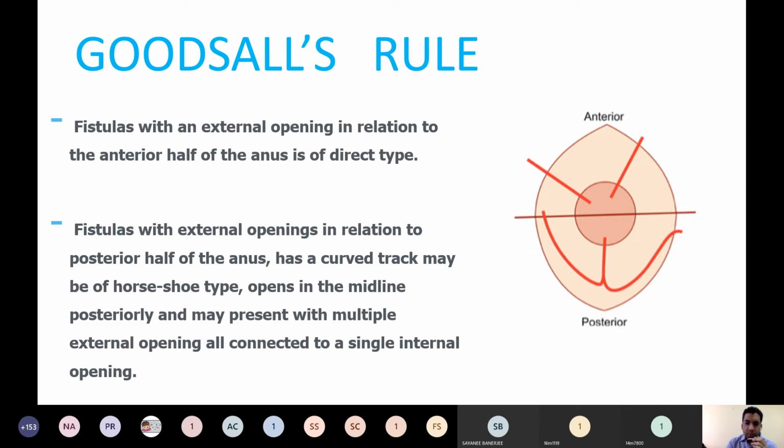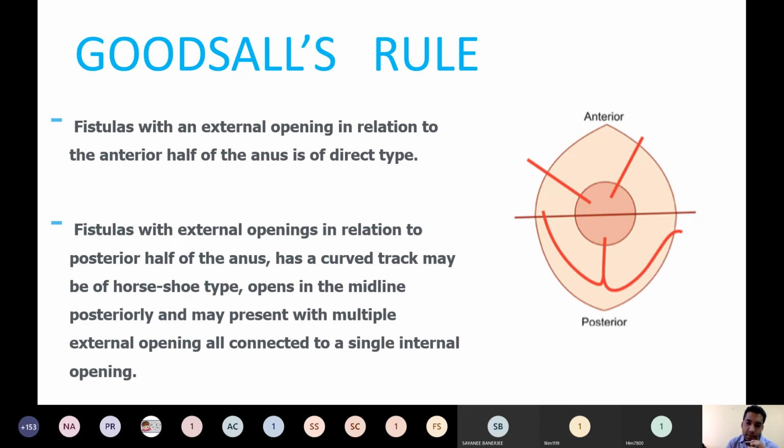Whereas in the posterior part, no matter where the external opening is, the internal opening will be at 6 o'clock position, that is midline. The reason for this is the connection between the two ischiorectal fossae. There is a post-sphincteric tract.